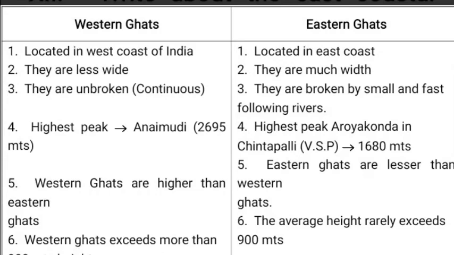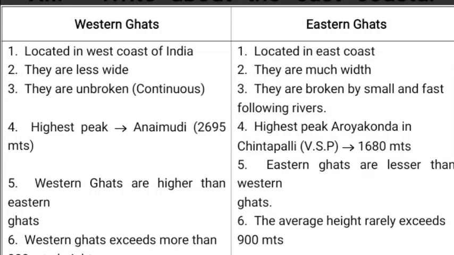Western Ghats are less wide. Eastern Ghats are much wider. Western Ghats are unbroken, meaning they are continuous ranges. Understand? There are no gaps between the hills. Eastern Ghats are broken by small and fast flowing rivers.